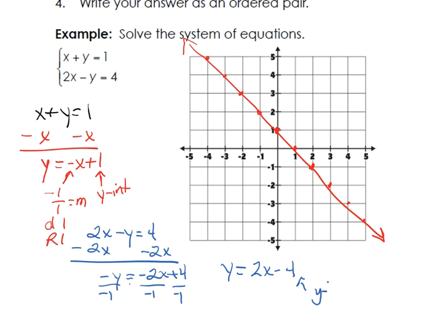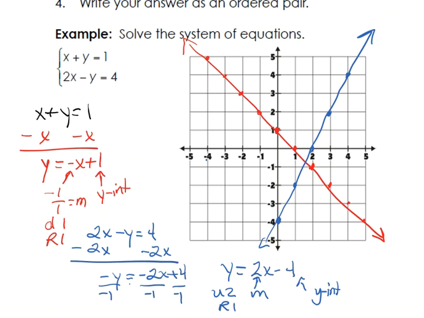The minus 4 is my y-intercept. The 2 is my slope. It's saying go up 2, right 1. So I'm going to start at negative 4, up 2, right 1, up 2, right 1, up 2, right 1. And again, no straight edge, but I'm going to do my best to try and make a straight line.